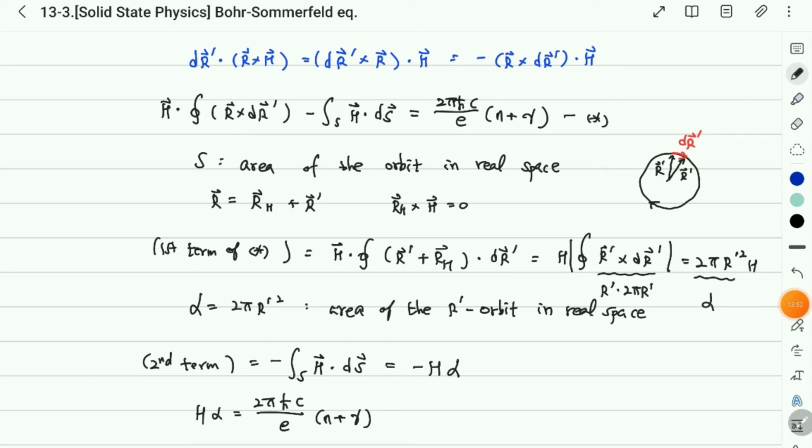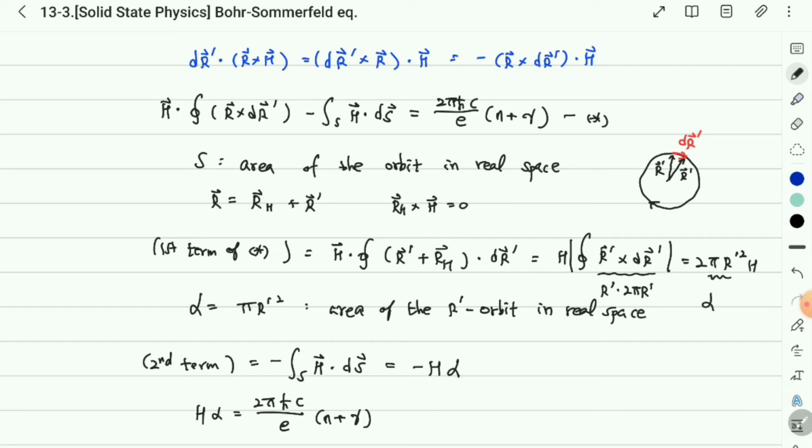I'm sorry, here alpha is not 2 pi r squared but pi r prime squared, because it's the area of the r prime orbit.